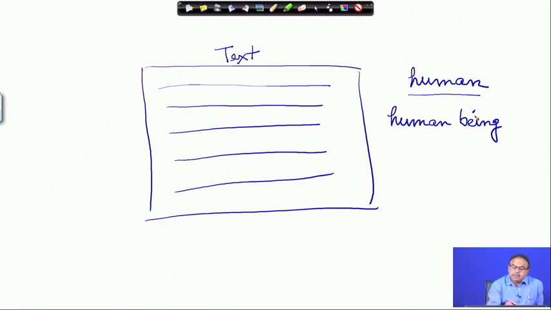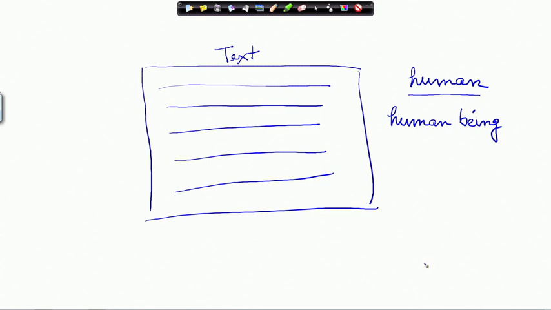So, I get human, but I do not get being after that, so I do not count it. If it be human followed by being, then I count it once. In that way, I can formulate different steps by which I can solve this problem.